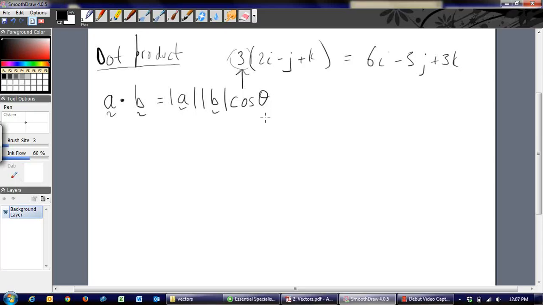Now, just have to be careful here. This theta here is the angle that's between the two vectors when you draw them tail to tail. So if there's our vector A and there's vector B, the angle is this angle in here, so there's theta there. Just be careful, it's between the tails. If you draw it tail to head and put them together, that's the angle there.